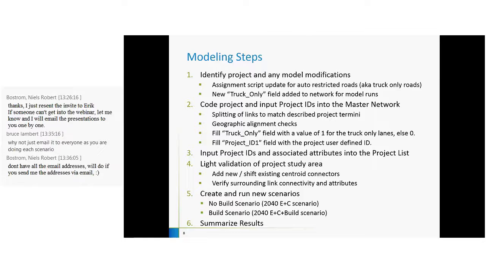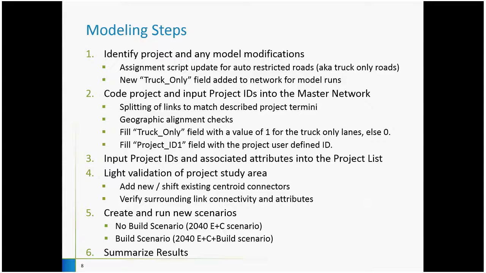And another question: are trucks supposed to be able to pass each other, or is there no passing zone for that truck-only lane? It is a 2-lane northbound facility. So I guess the model doesn't do simulation. Not at the operational level, but it's a 2-lane facility. Okay. Thanks.